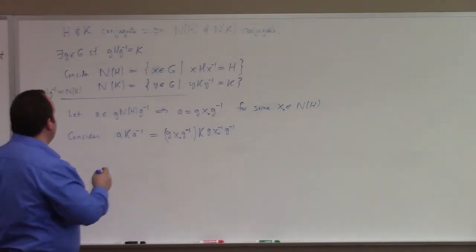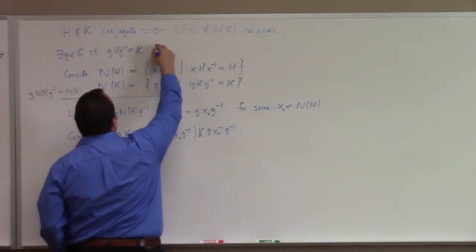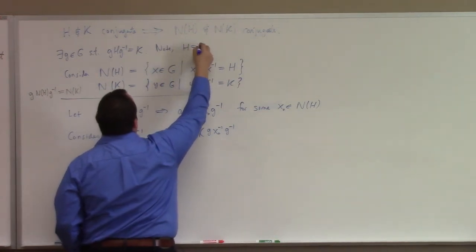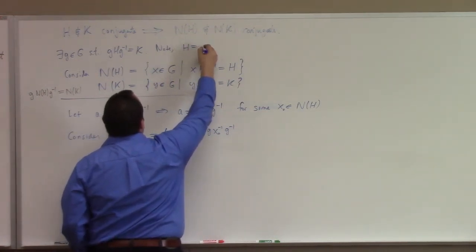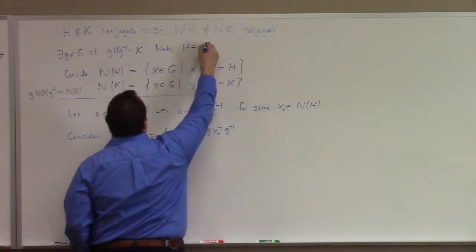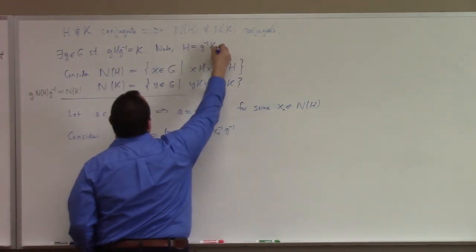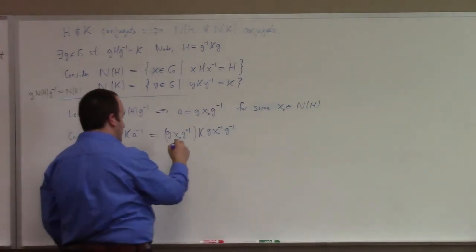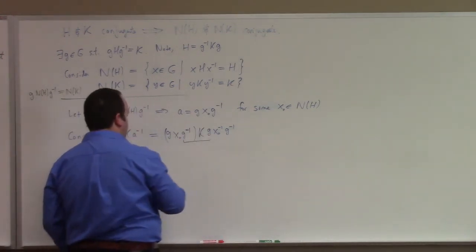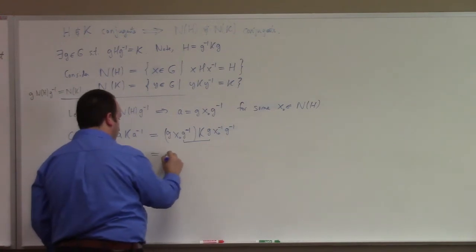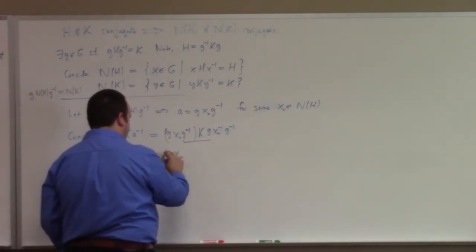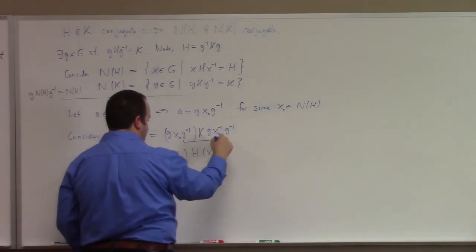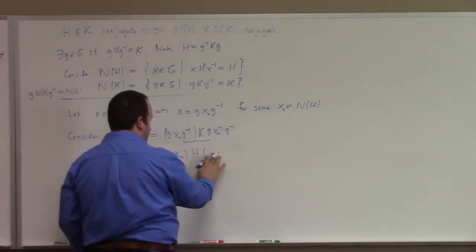But you notice that we have that H is equal to what? Right. So what's this? That's H. And we could rewrite that as G x naught inverse.